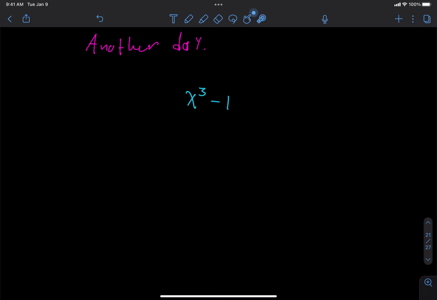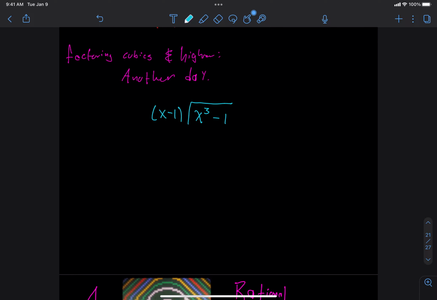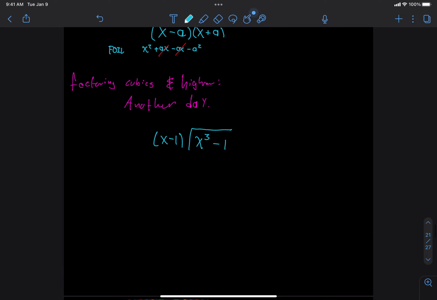So you know that x minus 1 is clearly a factor of this polynomial. And what you do is long division. You take out x minus 1 from this polynomial, and then we'll talk later about how to actually do this long division. It's a whole deal.